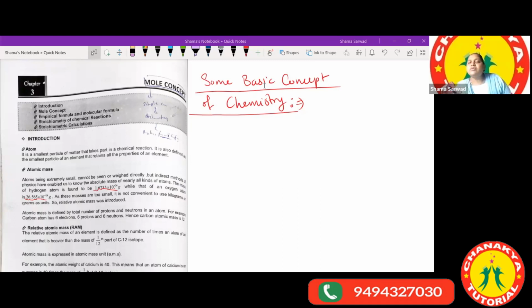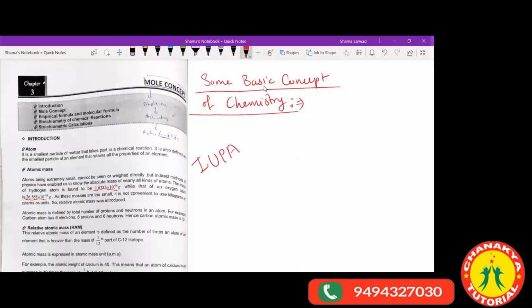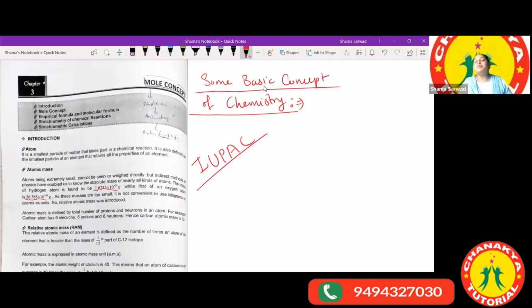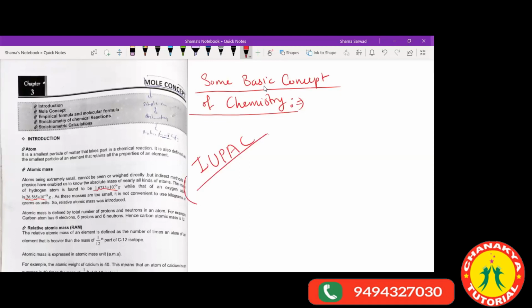And it is a universally same technique, and it follows a rule set by one organization. Which organization was it? You have learned in your grade 10. IUPAC. What is this? IUPAC. What's the long form of this?